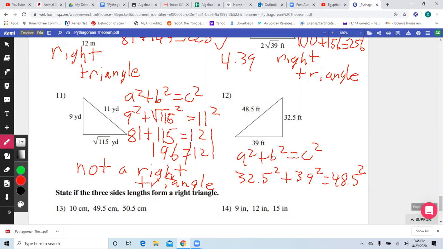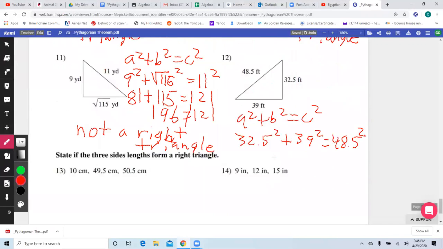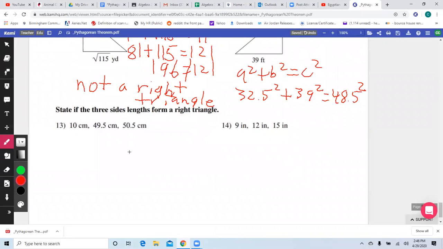So I'm not going to do this problem, but you just need to check, is this statement true or not? Just go ahead and work it out on your calculator. If this is true, it would be a right triangle. If it's not true, it's not a right triangle, right? And the reason why I'm not doing 12 is because I'm doing a very similar problem for 13.